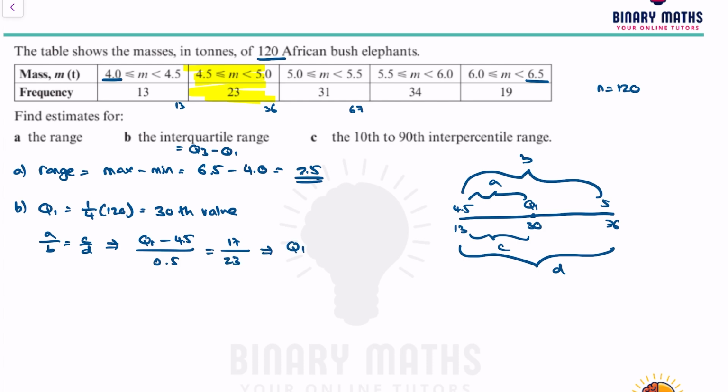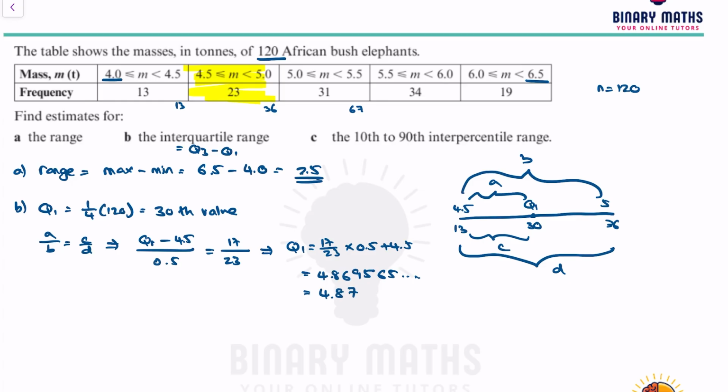If I rearrange, Q1 will be equal to 17 over 23 times 0.5 plus 4.5, which gives me a value of 4.869565, which is 4.87.